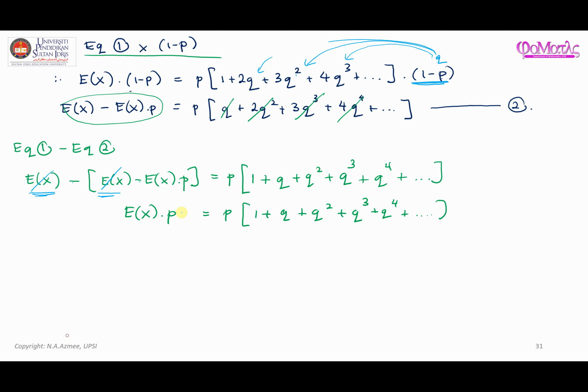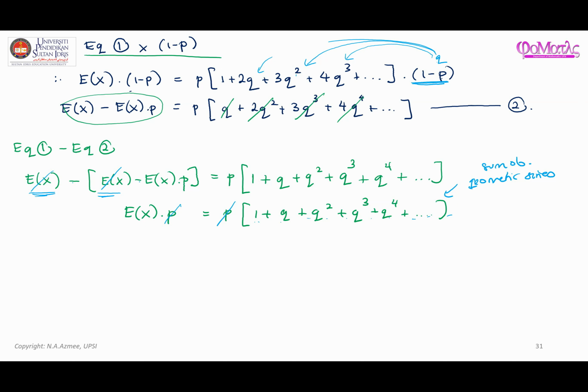You can of course see that p on the left-hand side can be cancelled out with the one on the right-hand side. So the expected value of x is going to be the sum of something, and it continues, and these are actually a geometric series. This is a geometric series being summed up, so this part is related to the sum of a geometric series.